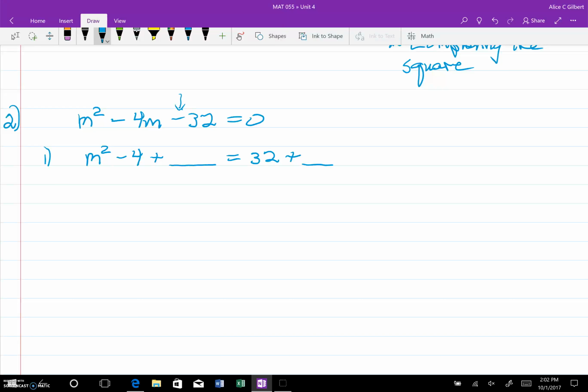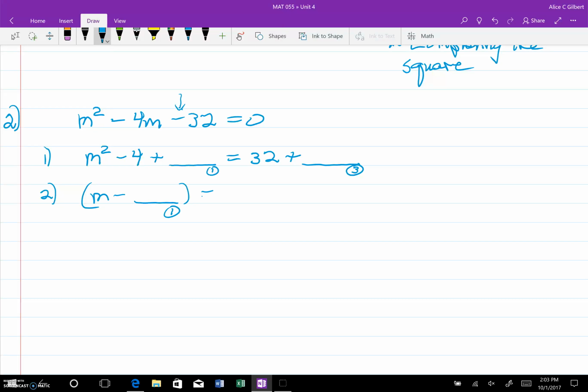Getting ready to put something in this first blank to create a perfect square trinomial, but to keep my equation balanced, I've got to do the same thing on the other side. And then my second step is going to be starting to set up my perfect square trinomial.